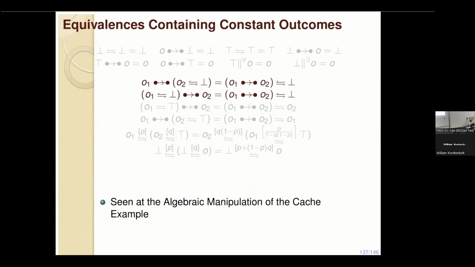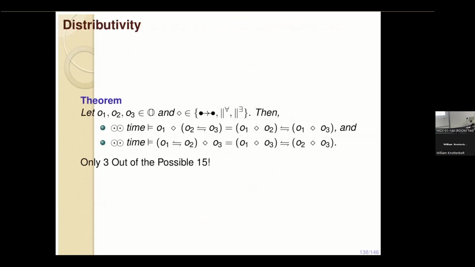Now, these two we also used when accumulating the failure rate. Now we have a bit of distributivity. Why don't I just use my impressive technology?